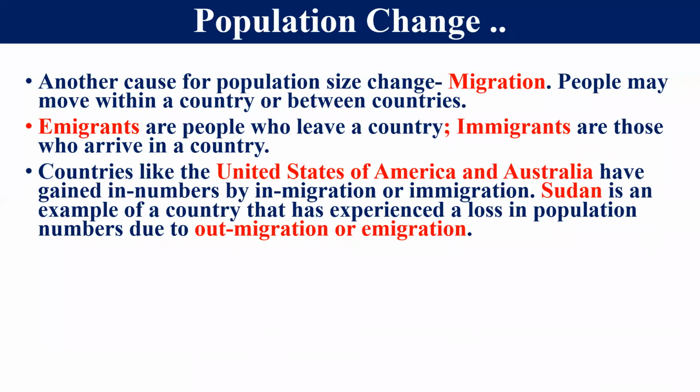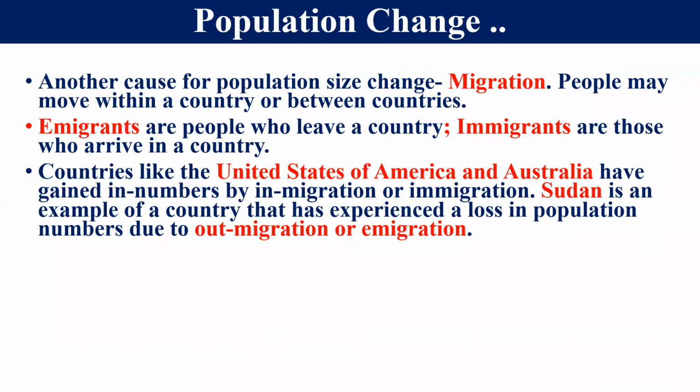If we think about the example of Sudan, it is a country that has experienced a loss of population due to emigration, or out migration, right? These two words, emigrants and immigrants, should be clear to you. Now, remember these three countries.